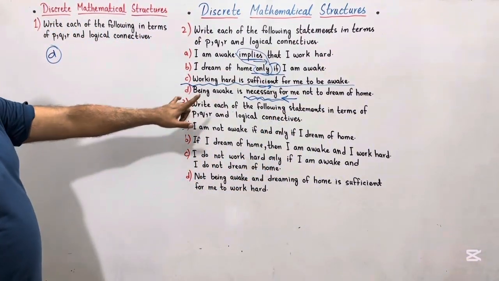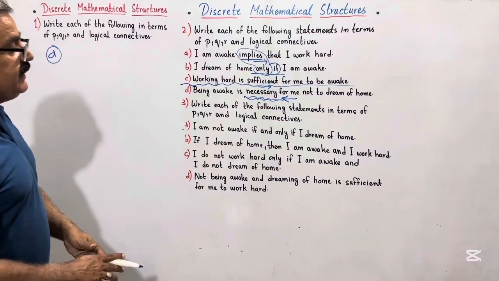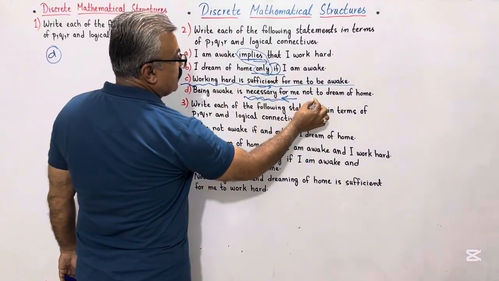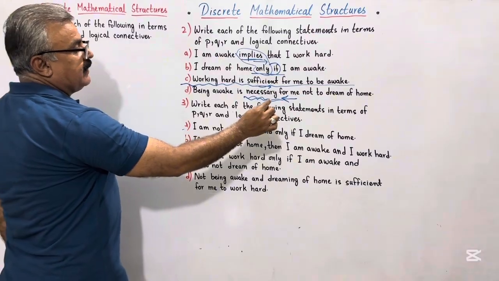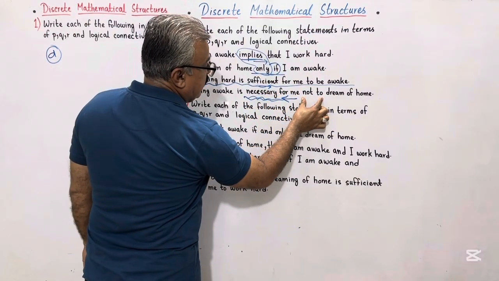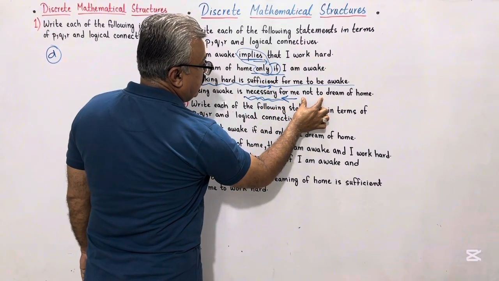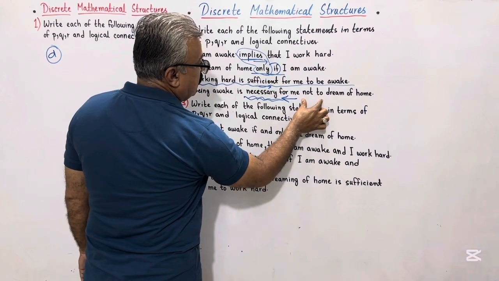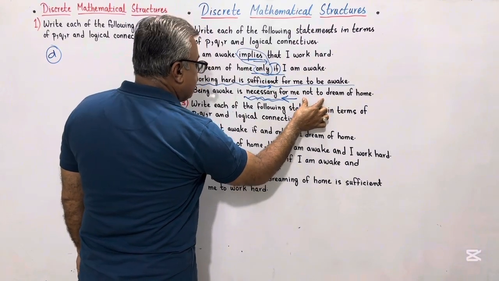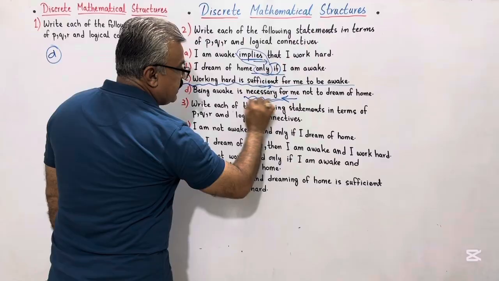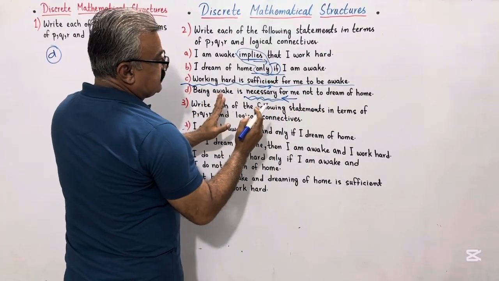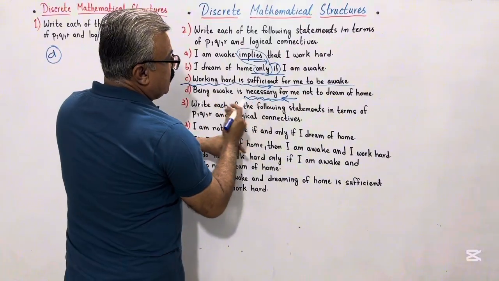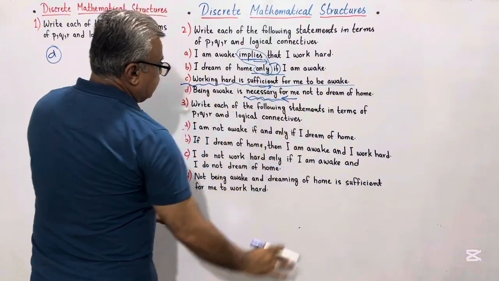Necessary stands for a reverse arrow, which means: if I do not dream of home, then I am awake. This is the converse of the statement.